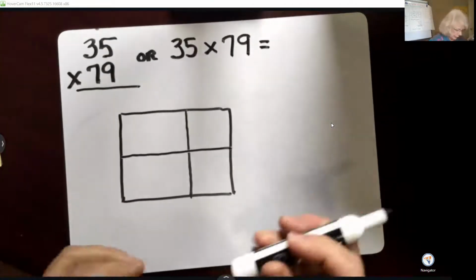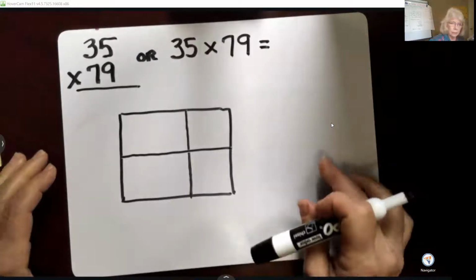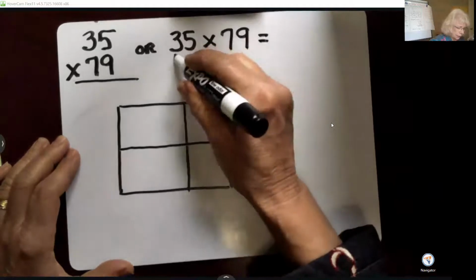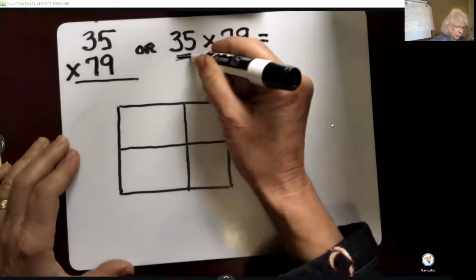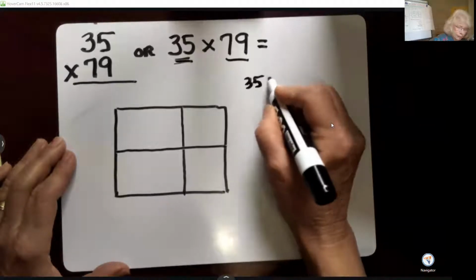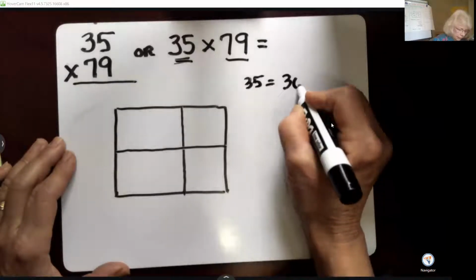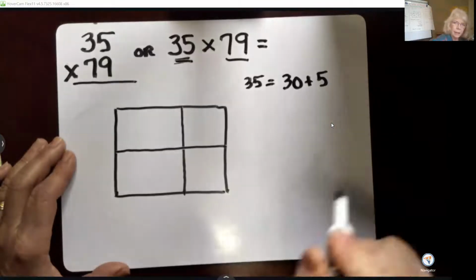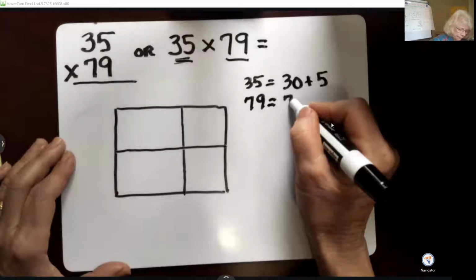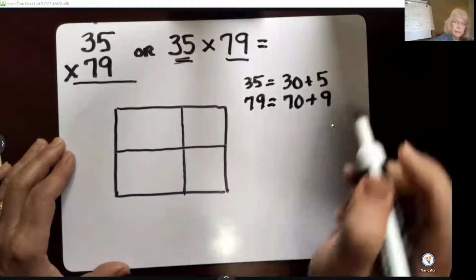Now, to be successful at doing multiplication with the area model, we need to be able to use expanded form of these numbers. Just a quick refresher, expanded form of 35 is equal to 30 plus 5, and expanded form of 79 is equal to 70 plus 9.